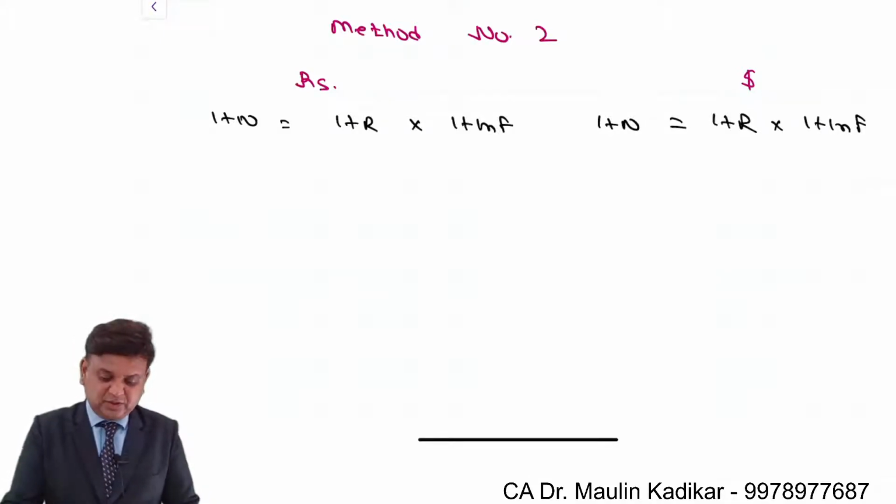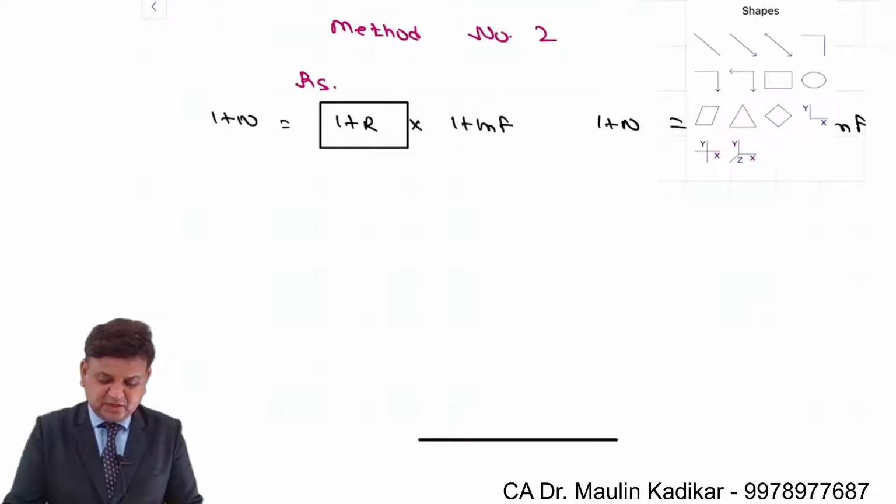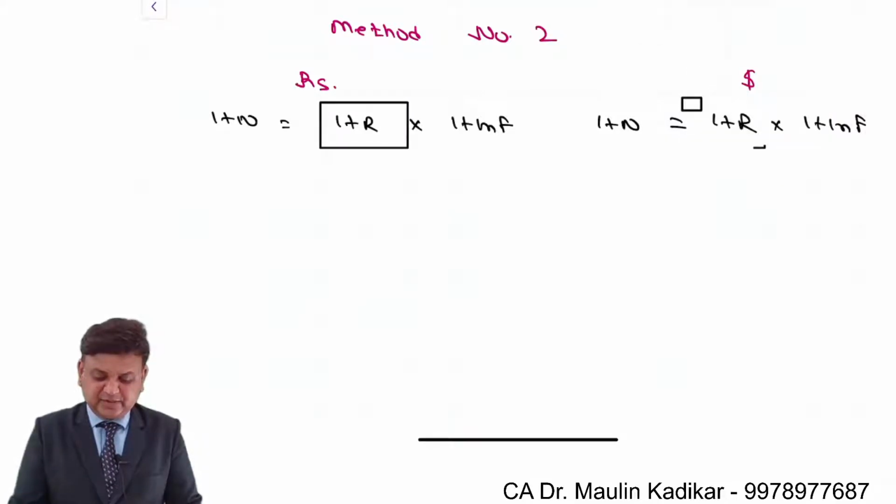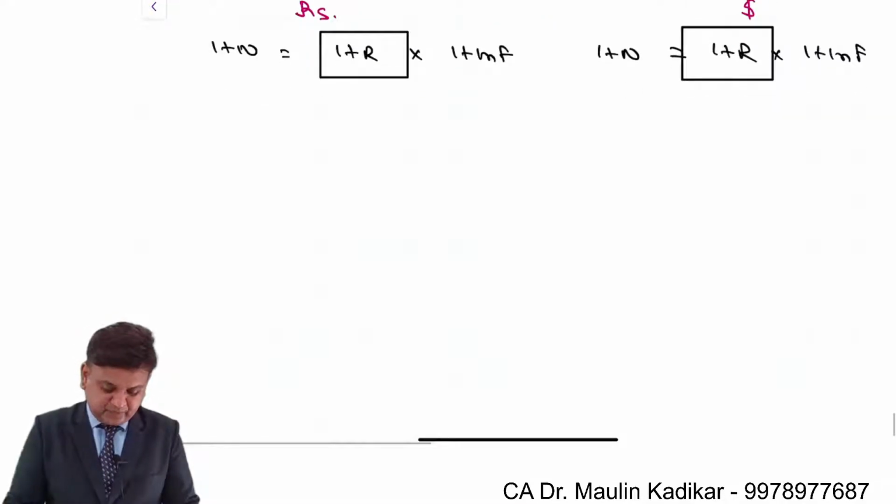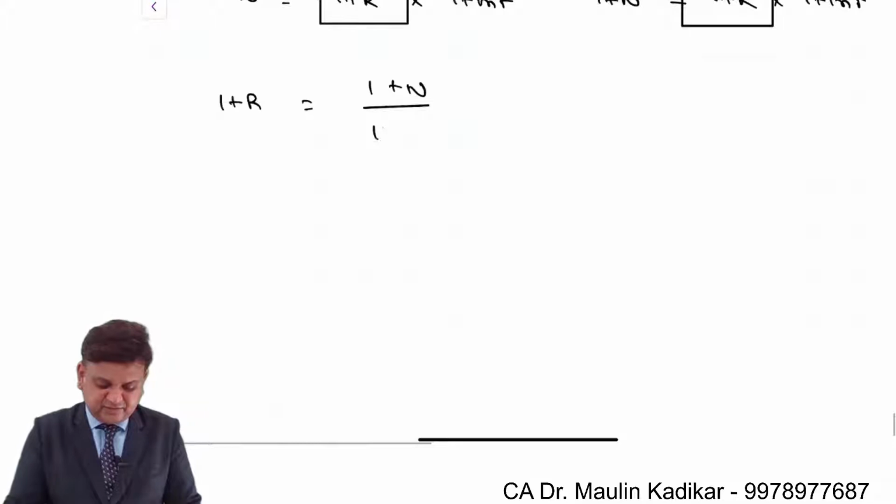Now the rupee currency real rate of interest and the dollar currency real rate of interest are the same. So we understand that 1 plus R is equal to 1 plus N upon 1 plus inflation.